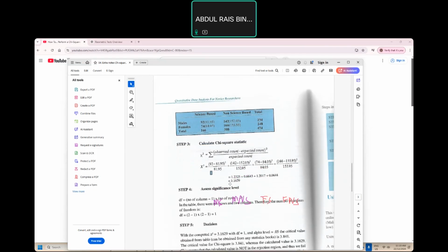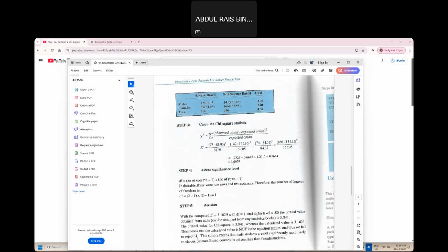The third one is for females who take science courses, and the fourth one is females who do not take science courses. Okay, therefore you get all this value, you add it up, you dapatlah 3.169. So we got our calculated chi-square at 3.164.